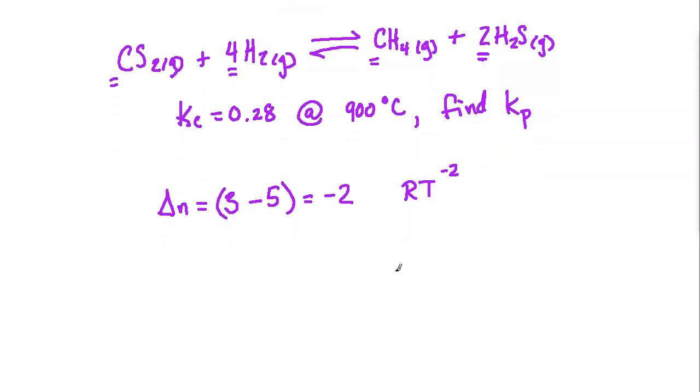So let's put this together then. What I want to do is take Kc, which they gave as 0.28. So Kp, which is what we're solving for, is going to be equal to Kc times RT, and that RT is raised to the -2.